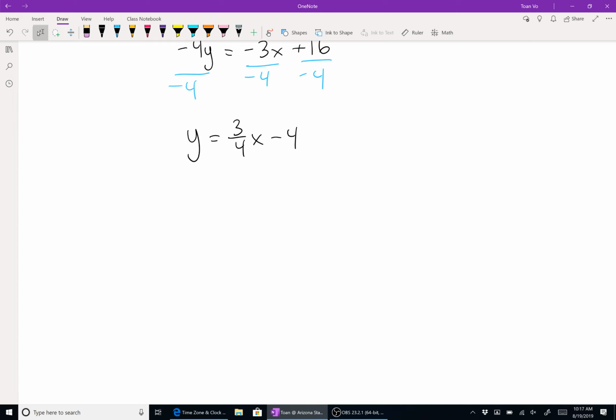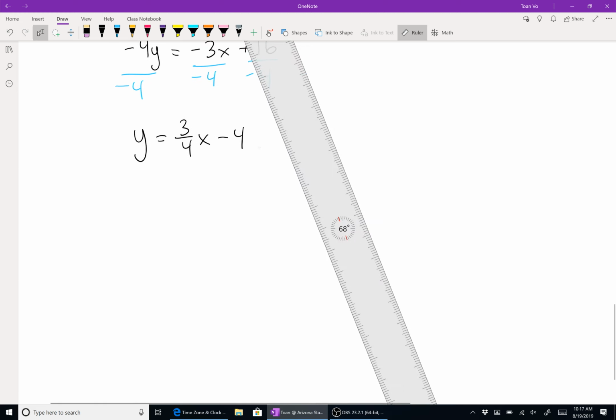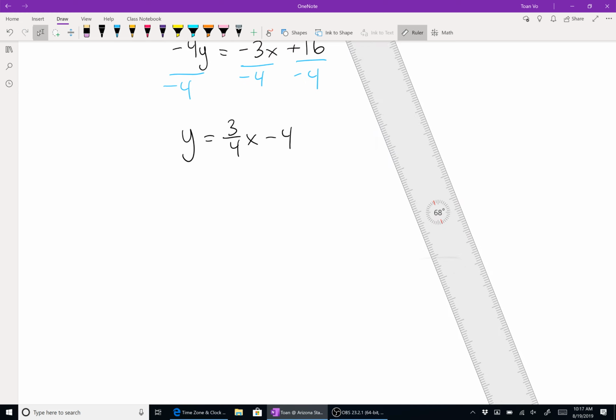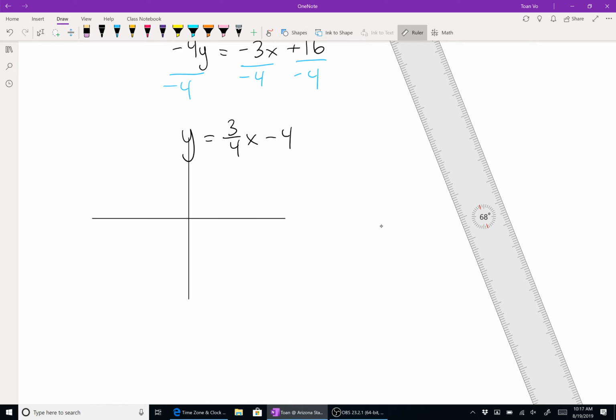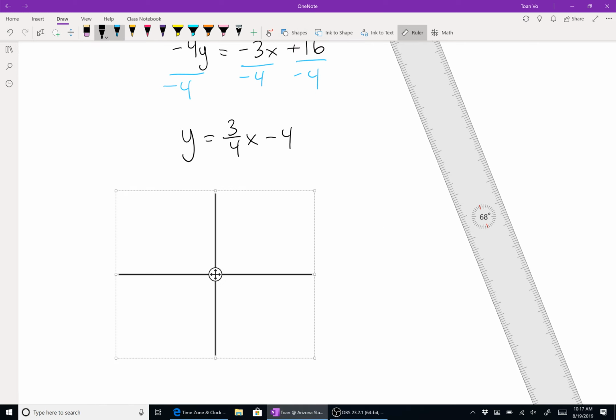Can I safely assume we're okay with sketching? Okay, so I'm just going to fast forward through this. I'm not going to do the whole explanation. Make your coordinate grid. Make your tick marks. Y-intercept of 4.